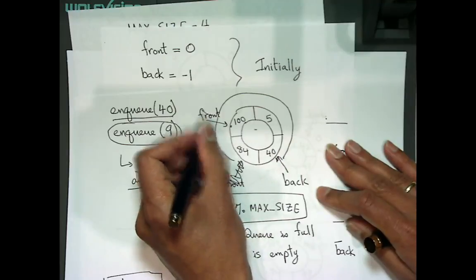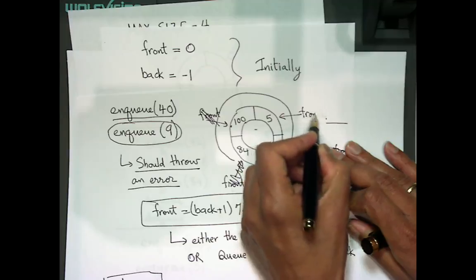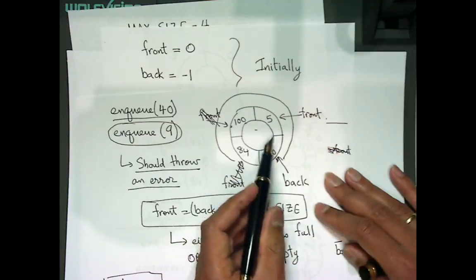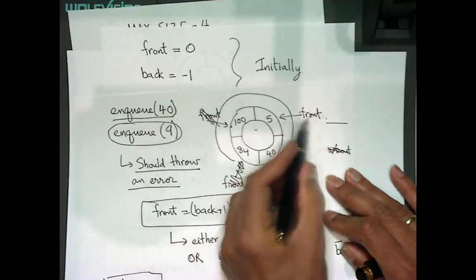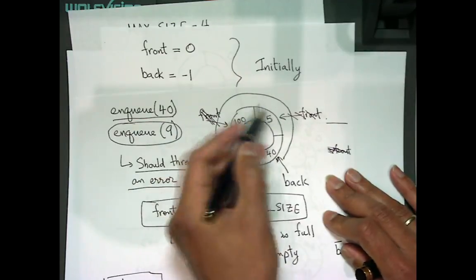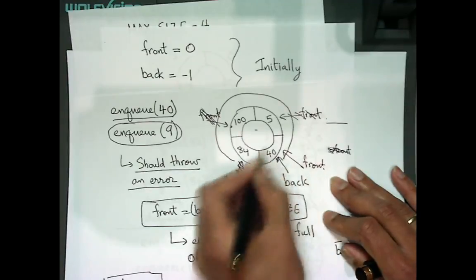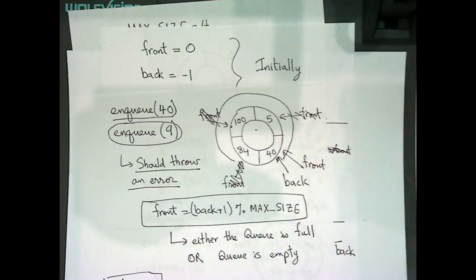I do DQ again. Front moves to that. So the queue is 5 and 40. I do DQ again. So this is 1 DQ, 2, and then the third DQ, front is here. So the queue is just 40. At this point, I am allowed to do a DQ. I just cannot do 2 DQs. But how does the class remember what happened previously?